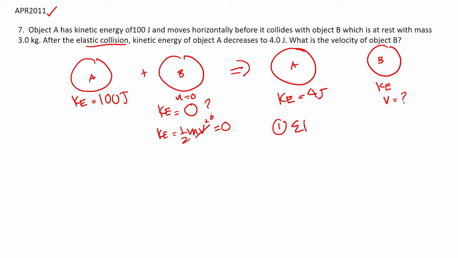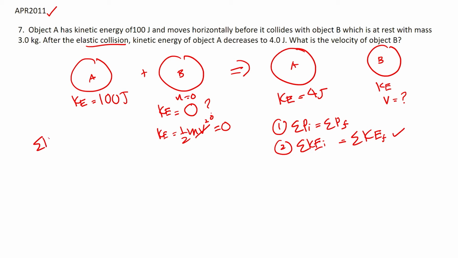total momentum. Total momentum initial equals total momentum final. And for the second, we can use total kinetic energy initial equals total kinetic energy final. Then we can use the second equation.